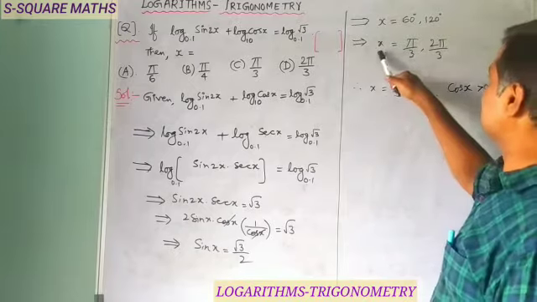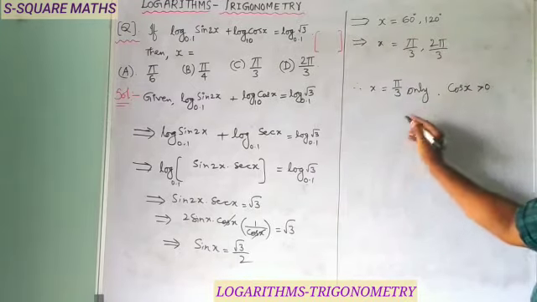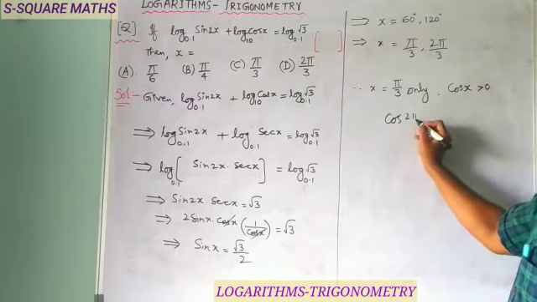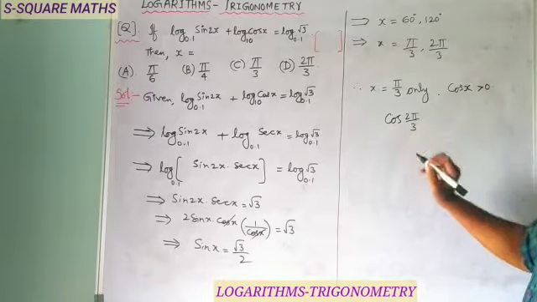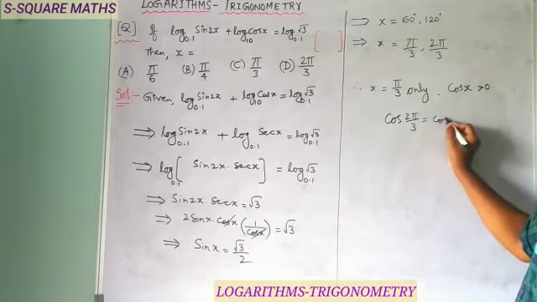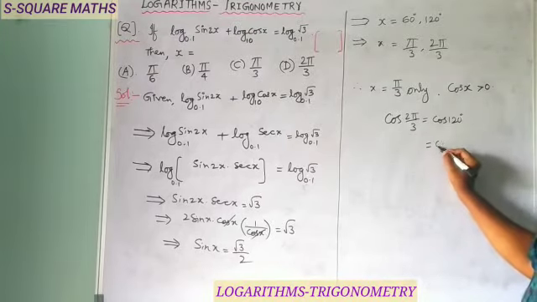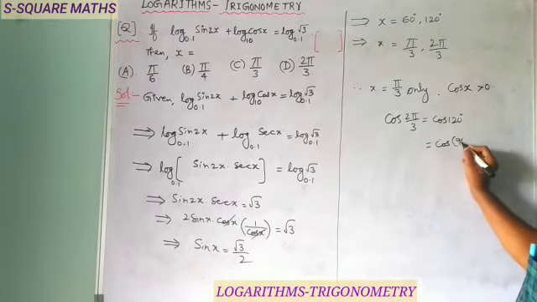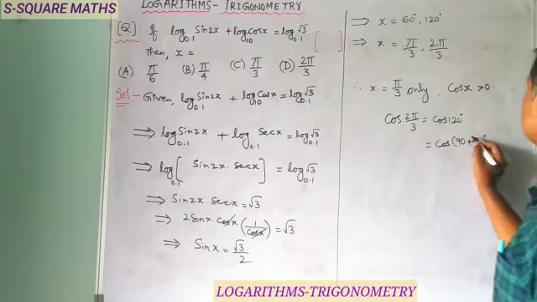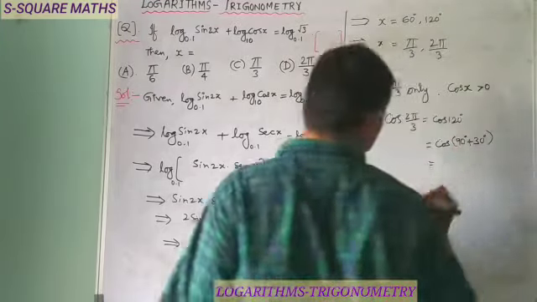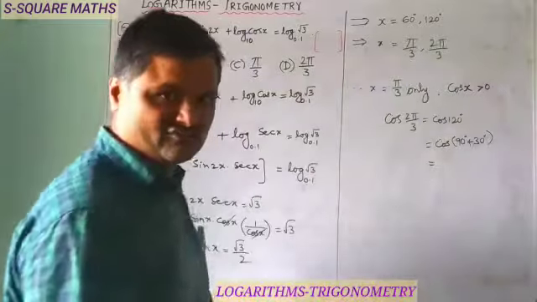If I consider cos x as cos 2 pi by 3, that is cos 120 degrees, I can write it as cos of 90 plus 30 degrees, which lies in the second quadrant.